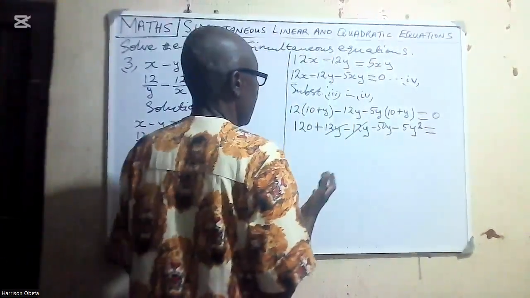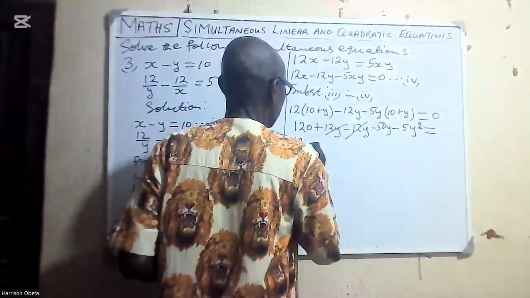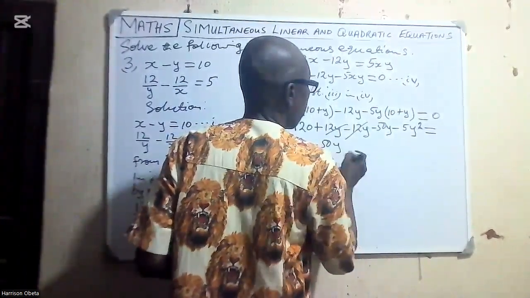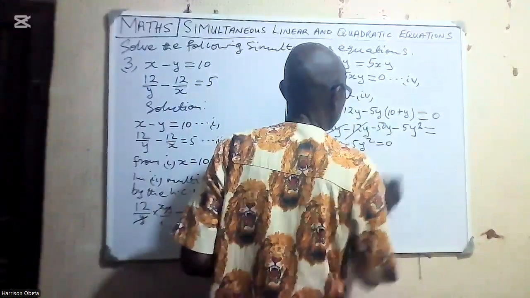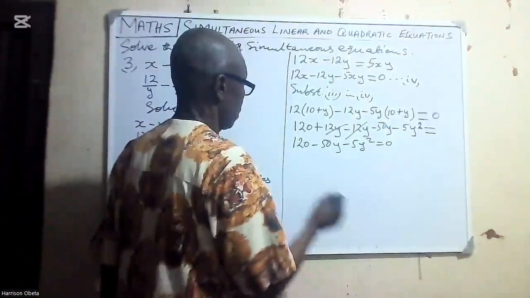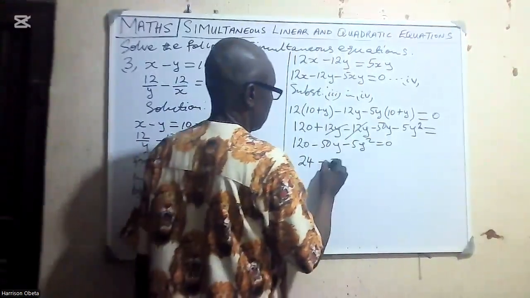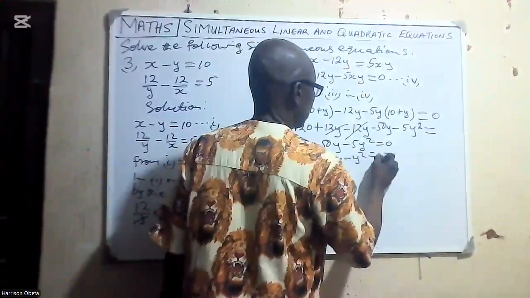and then we rewrite it so that we have a quadratic equation. And in order to do that, let's have 120 minus 50y minus 5y squared equal to 0. Dividing everything by 5, we have this should be 24 minus 10y minus y squared equal to 0.